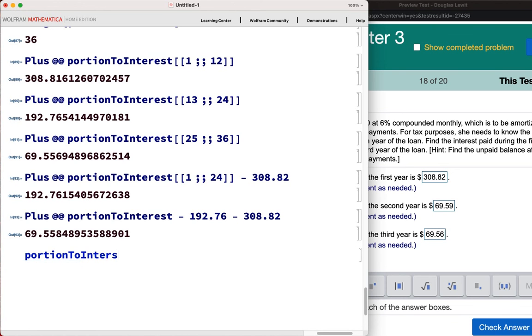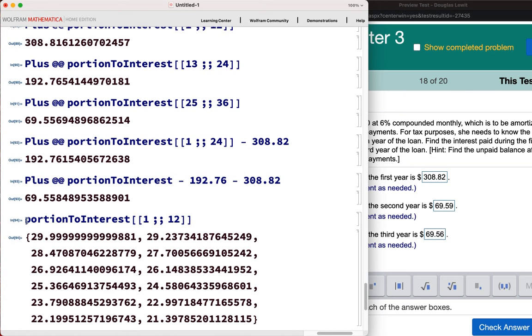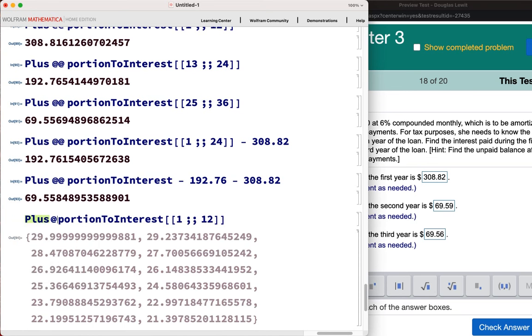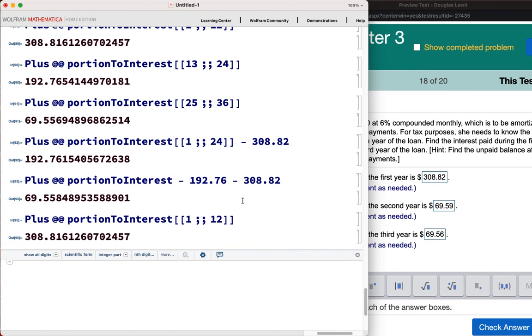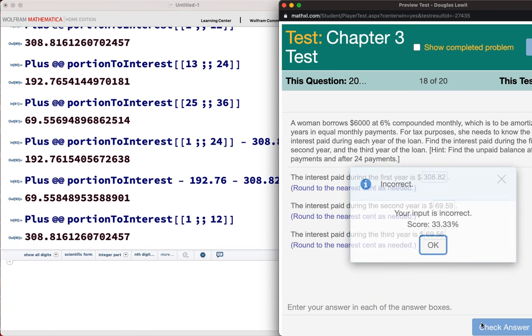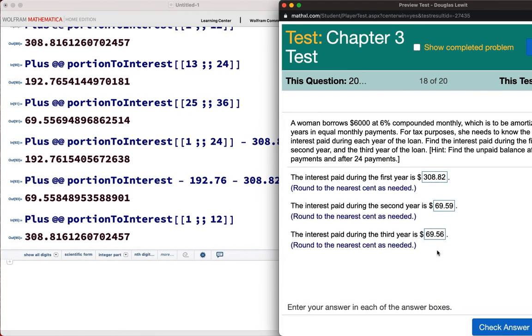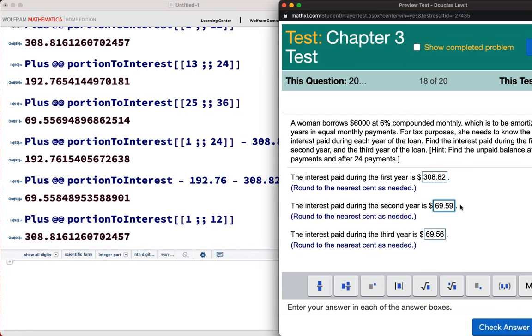Portion to interest. $308.81. Well, it's actually rounded to 82 cents. Oh, I made a mistake with this one here.